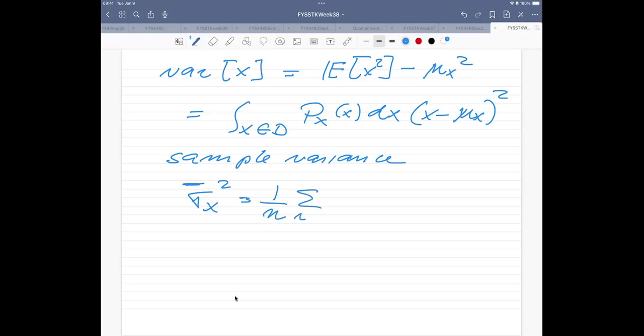And this is a sum from i equal 1 up to n of my event x_i minus mu of x. But now we are using the sample mean value and not the true mean value. And unless n is extremely large, this is in general not equal to the true one, if we are able to calculate the true one. Okay.